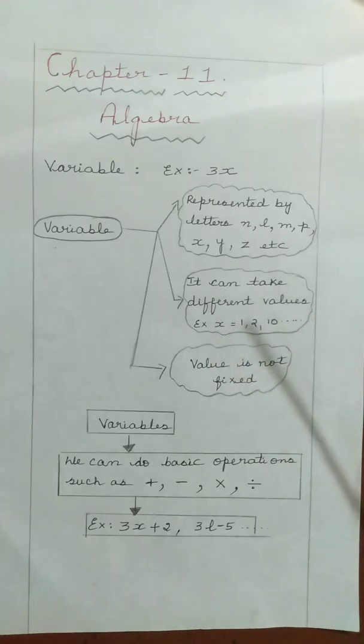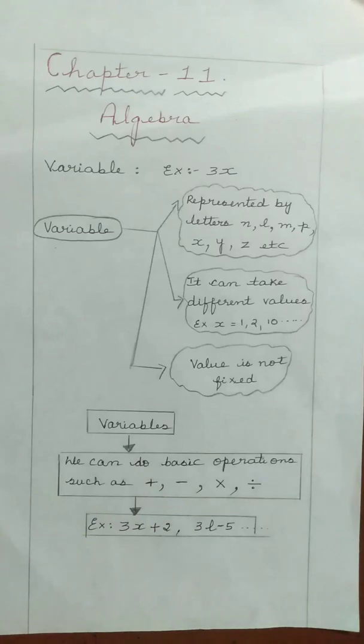For example, we can give x equal to 1, x equal to 2, x equal to 10 or x equal to 20, 30, etc. We can give different values. Therefore, the value is not fixed in the variable. The condition is not there that the value of the variable should be 10 only, 20 only. No, the value is not fixed in the variable. So, a variable can take different values.